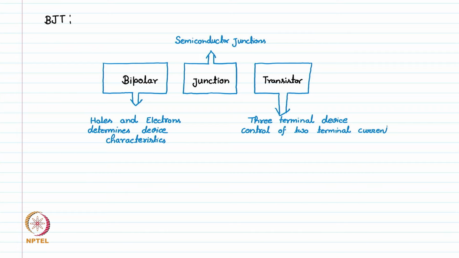It means there is amplification or switching possible, which is controlled by the third terminal, which in the case of the bipolar junction transistor we call the base.